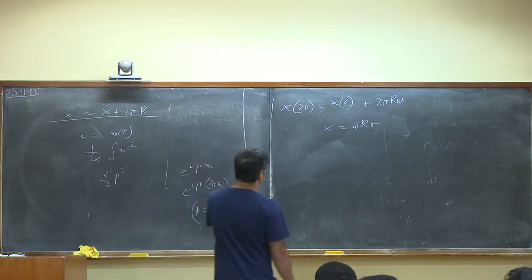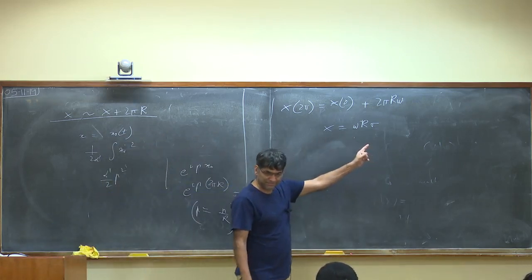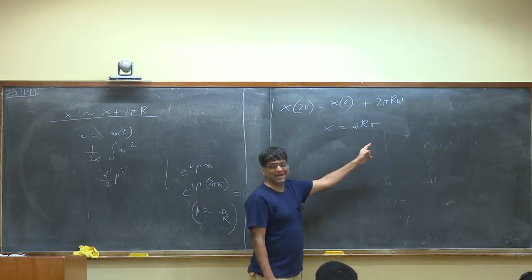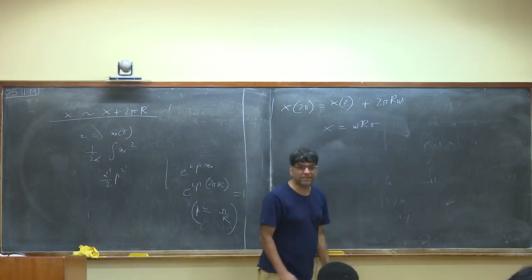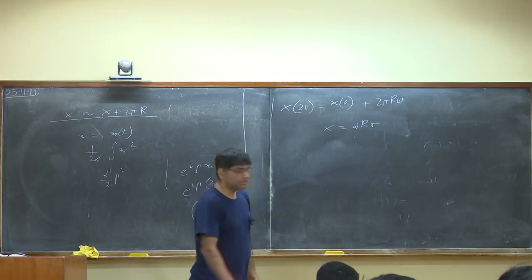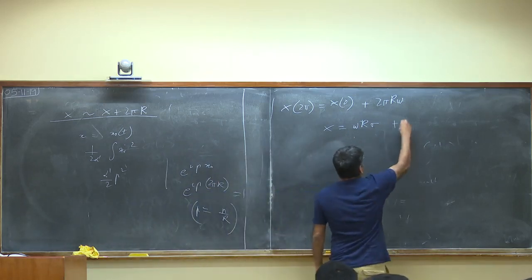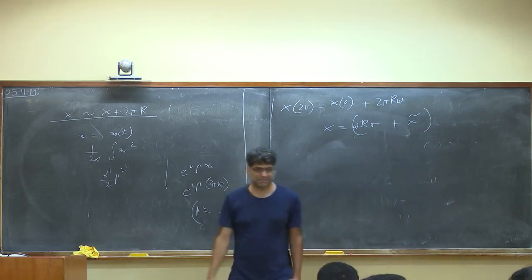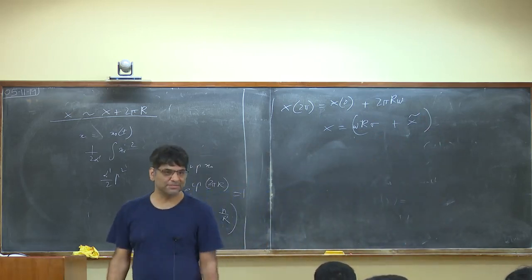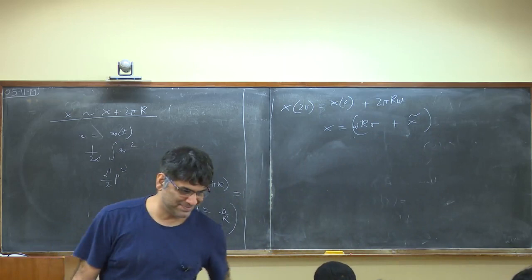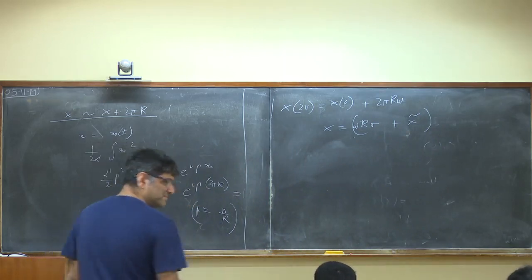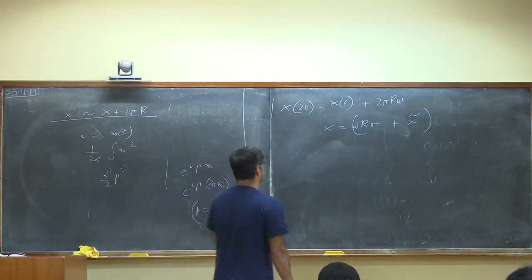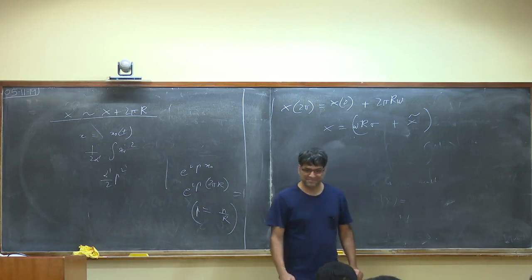Okay? It's a configuration that solves the equations of motion and obeys the boundary conditions. So let's suppose I take this plus x tilde and I plug it into the action. Now, the whole theory is quadratic. Okay?